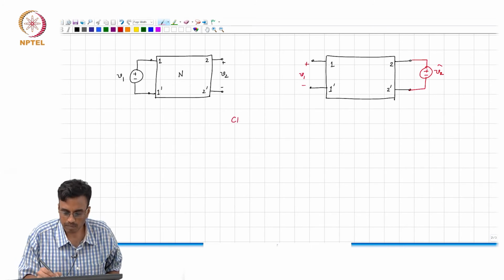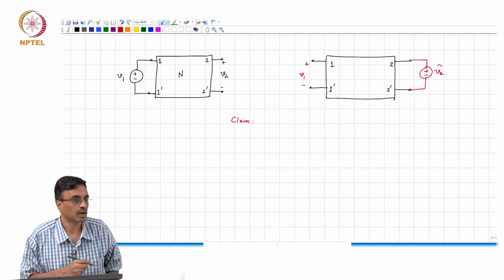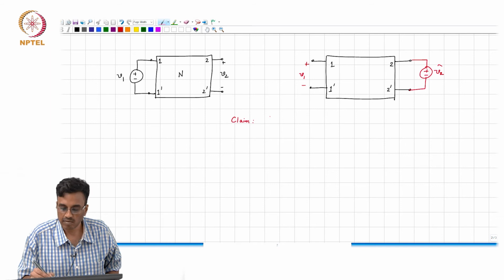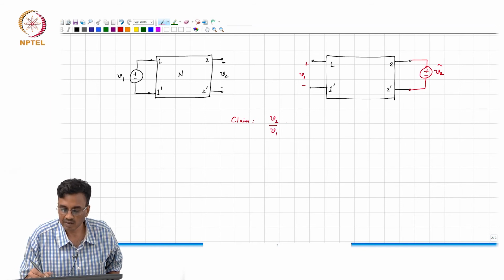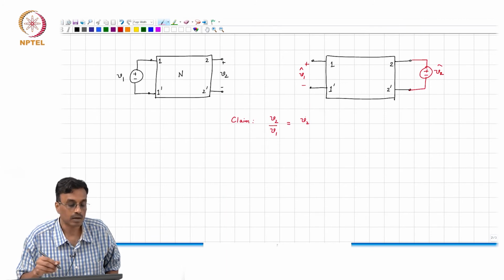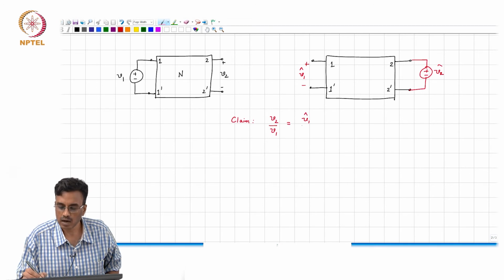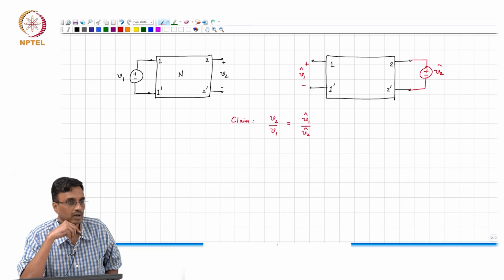The claim is that V2 by V1 is the same as what? V1 hat by V2 hat. This is the claim, right?